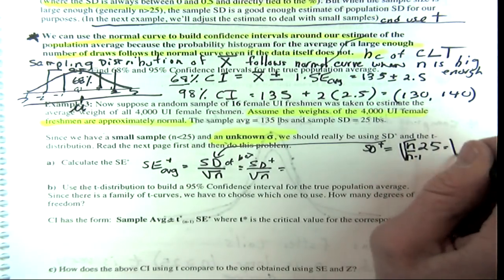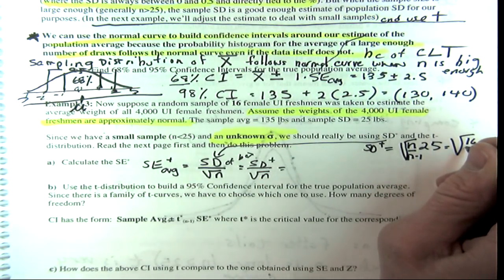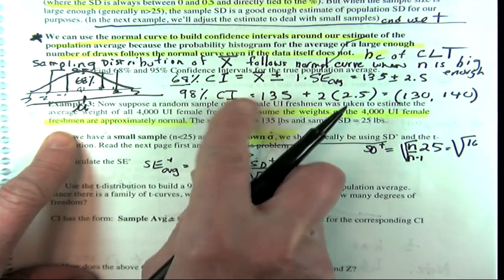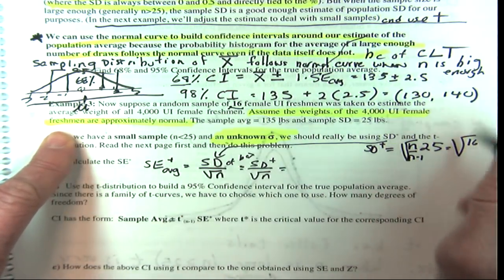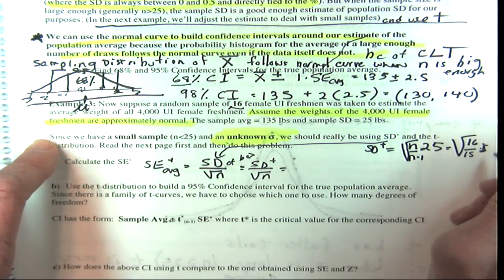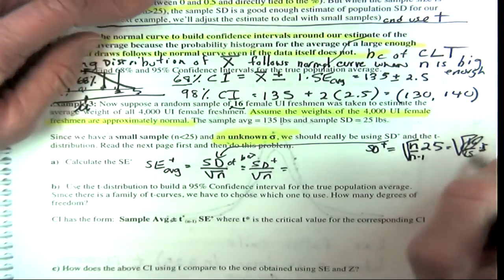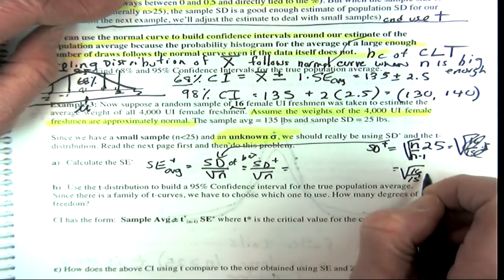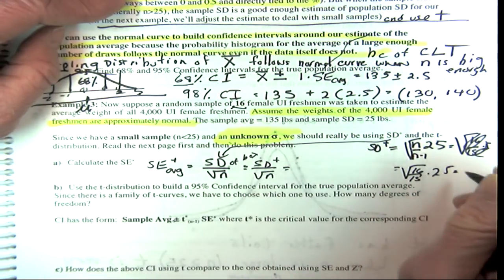So in this case, it's the square root of 16. N was 16, right? I'm getting that from here. Where's n? Right here, 16. That's where that comes from. Over 15 times 25. Can you even see that? No. So that's equal to the square root of 16 over 15 times 25, which is a little bit bigger than 25.